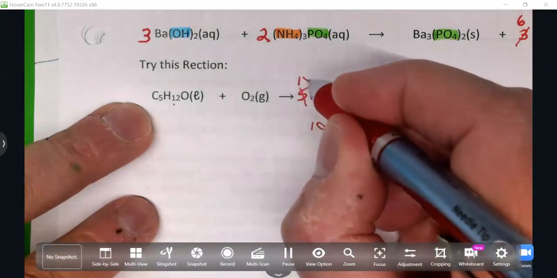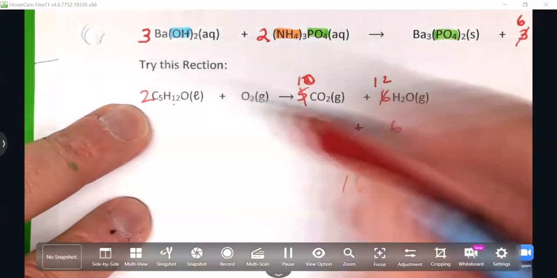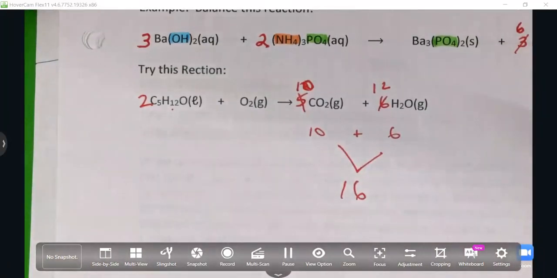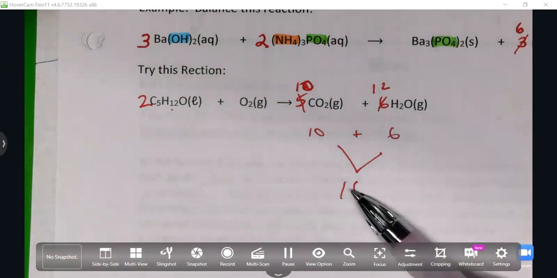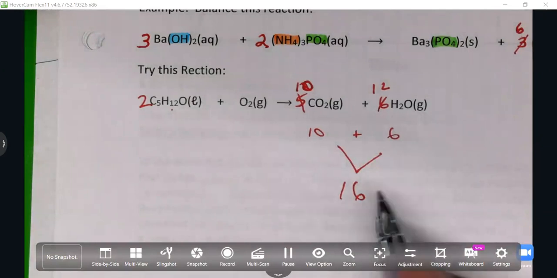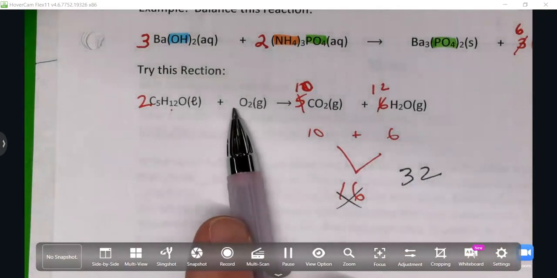So let's try this. Actually, I probably shouldn't have done that so soon. We can always reduce it, which we might have to do here. So over here now, I'm going to have 32. What number can go here to get 32?